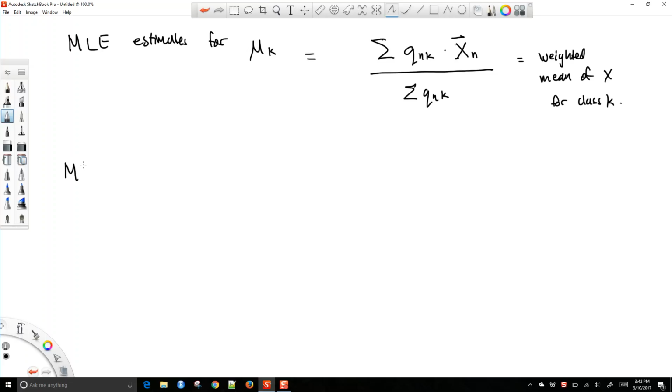And then you do the same thing, the maximum likelihood estimate for sigma sub k. So it's q sub nk summed up, and you just do x n minus mu sub k, the mean, times x n minus mu sub k transpose.